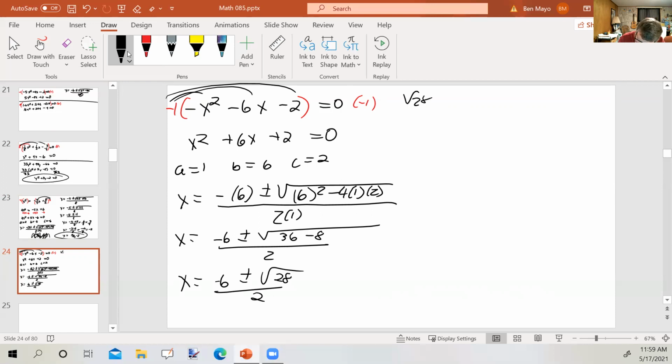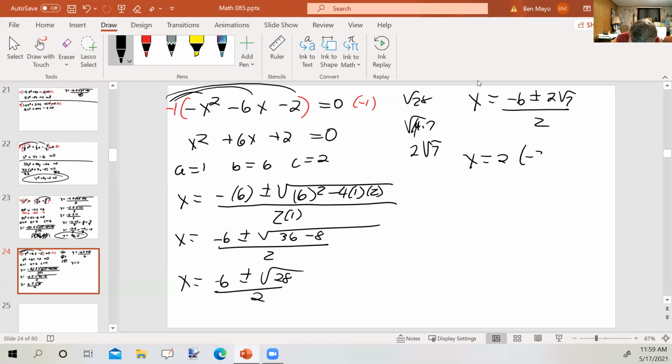But the square root of 28 is the square root of 4 times 7, which is 2 square roots of 7. So it becomes x equals negative 6 plus or minus 2 square roots of 7 all over 2. But we can factor a 2 out of each term in the numerator and each term in the denominator. It's supposed to be a 7 and it looks like a 2.